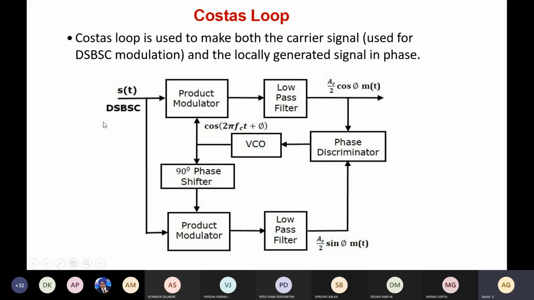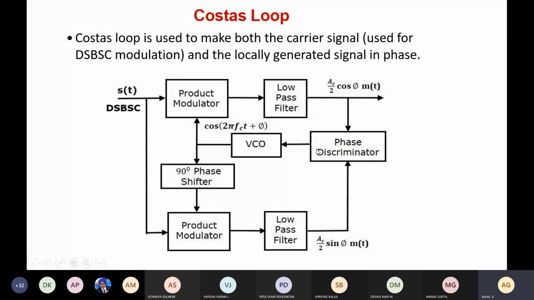The DSBSC waveform is given as input to both the product modulators, and the other input to the product modulator is from the voltage control oscillator. That is, here we are generating a local carrier. On the receiver side we are generating a carrier signal from this oscillator, but the difference between a local oscillator and the voltage control oscillator is that we feed a DC input from this phase discriminator.